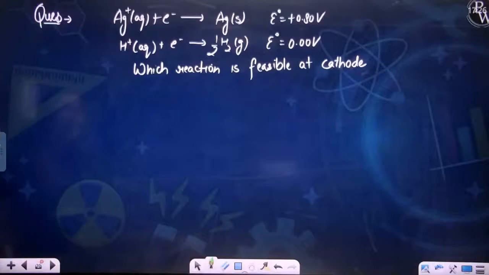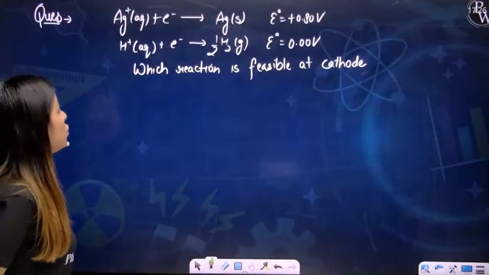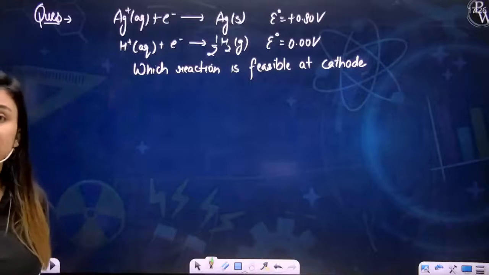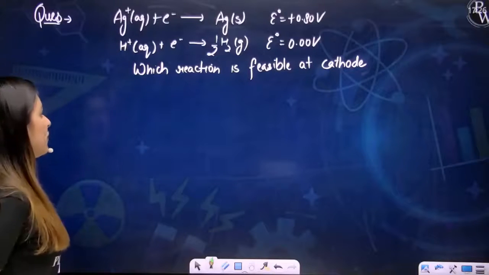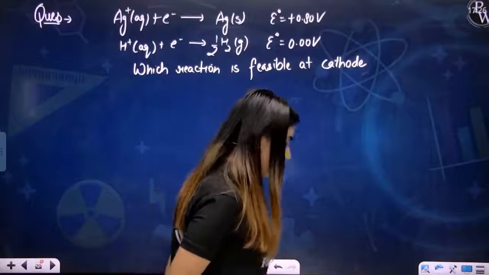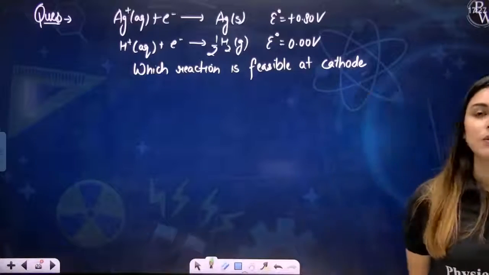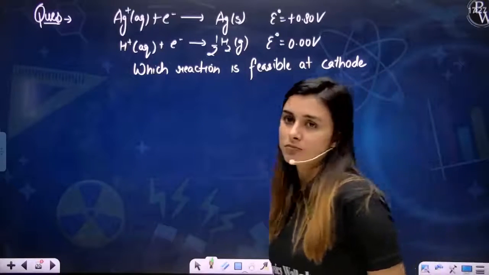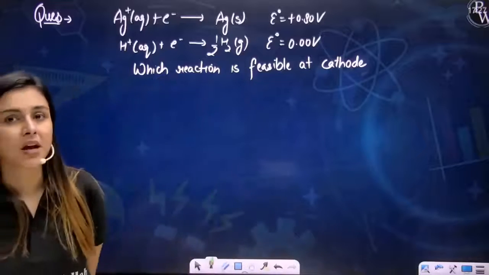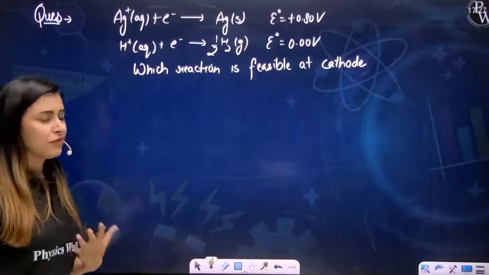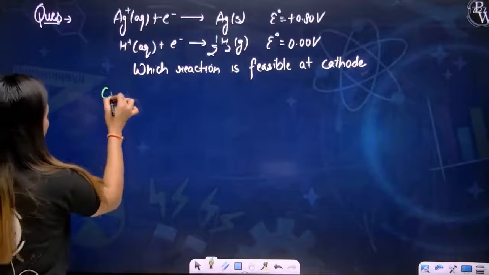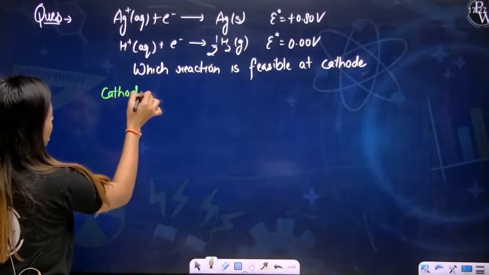Let's move forward. The next question is that you are given two reactions and you are given E naught values of both. You have to tell which of the following reactions will take place at cathode, which is more feasible at cathode. So for this, I know that on cathode, always what happens?